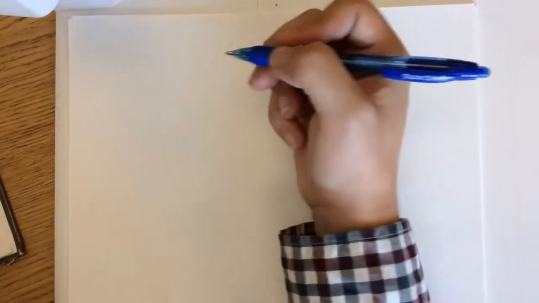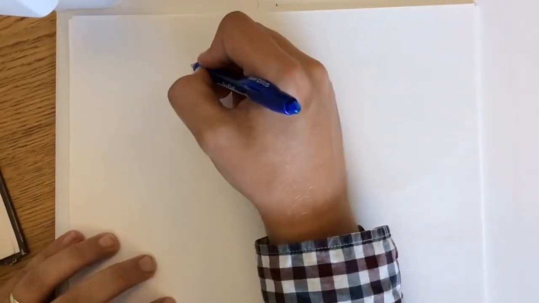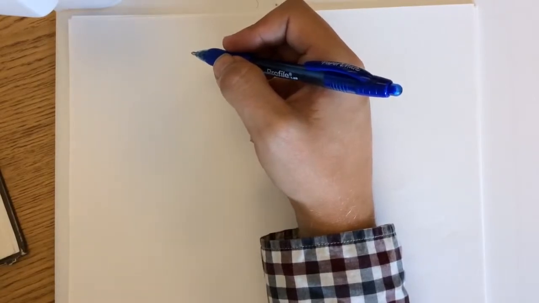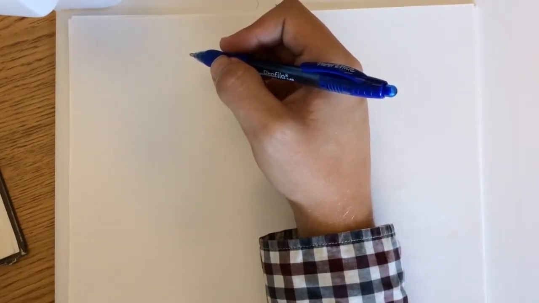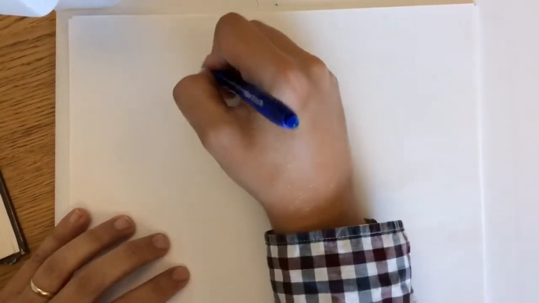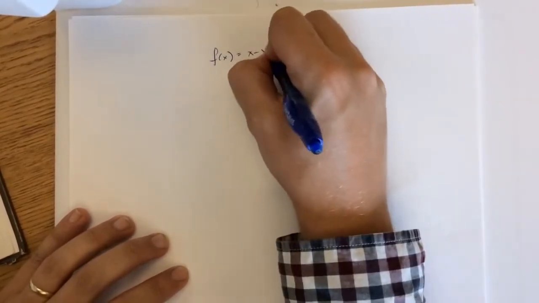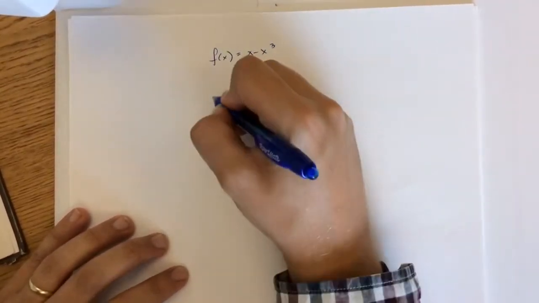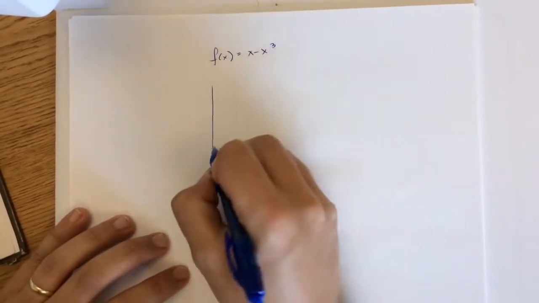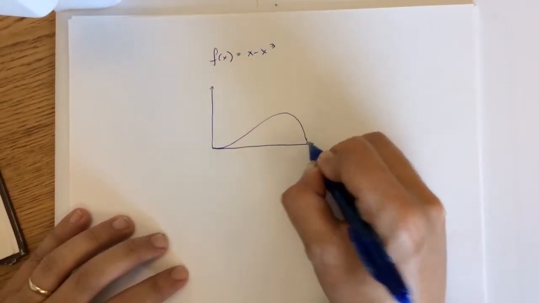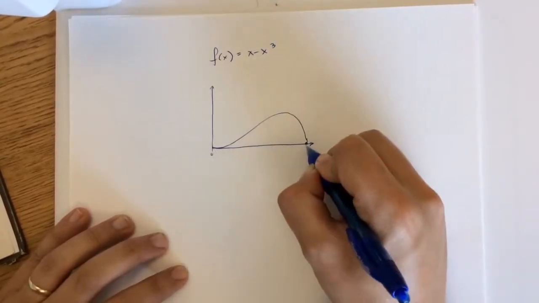Consider the shape, let's see. Let's do this one. Consider the function f of x given by x minus x cubed. If I graph that function, I get a graph that looks like this from 0, and this point is 1.